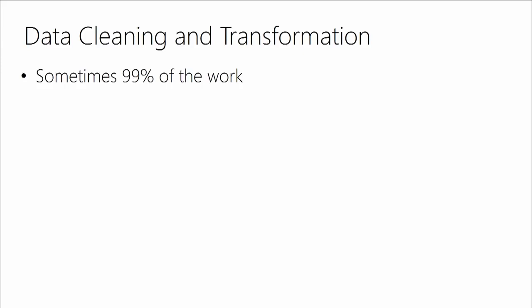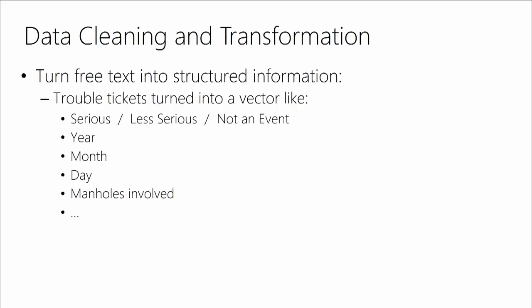Okay, so the next step in the process is data cleaning and transformation. And obviously, sometimes that is actually 99% of the work. The machine learning gets to take all the credit, but actually the data cleaning is a huge amount of work. So before this step, you might have a giant pile of garbage, and you're supposed to turn it into gold. So for us, we had to turn all of the free text into structured information.